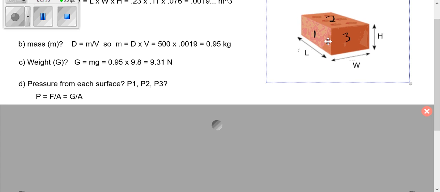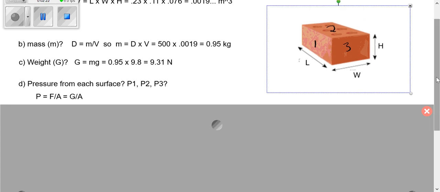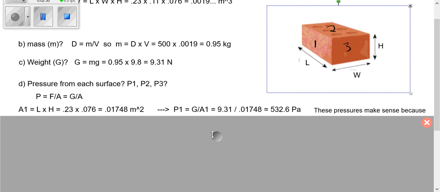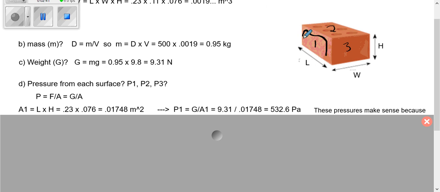In each one, you're going to find the pressure using the pressure equation. Pressure equals force divided by area. The force in this problem, again, is gravity, so the weight of the brick. And then the area changes for each surface. For the first surface, I did area 1, so this surface here. That area I'm going to put on the table.